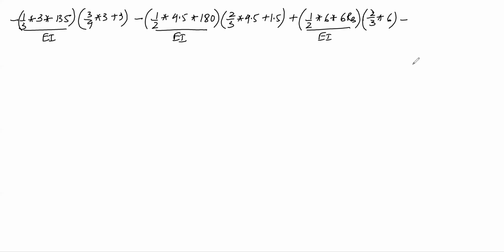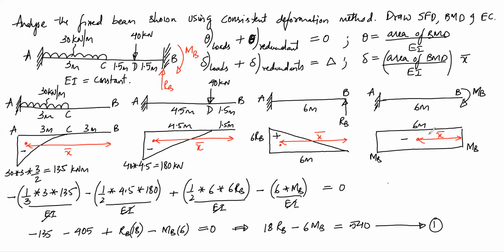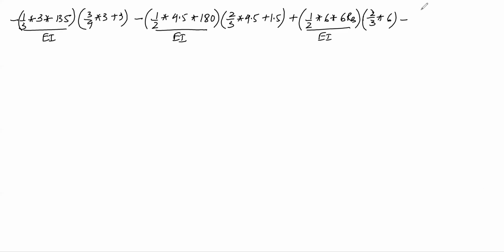And the last BMD is a rectangle. So area is 6 into MB and centroidal distance is half of 6. So this will be 6 into MB divided by EI multiplied by half of 6. This is equal to 0 because there are no settlements of any of the supports.